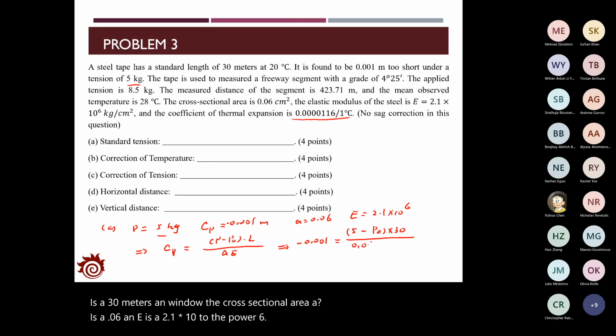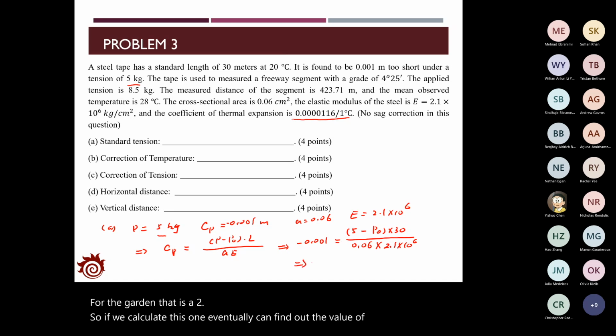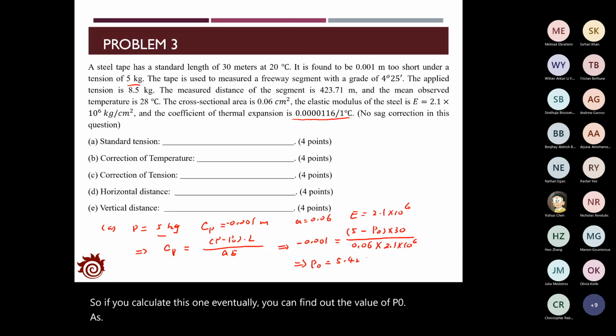So with that, we have the values. If we calculate this, eventually you can find the value of P0 as 5.42 kilogram. So this is the value you have to put in the first part, 5.42 kilogram. That's the standard tension.